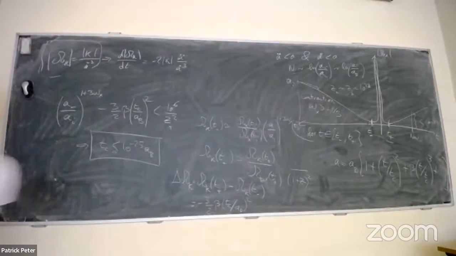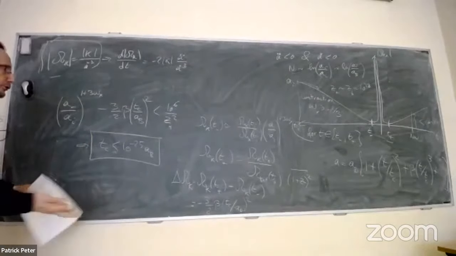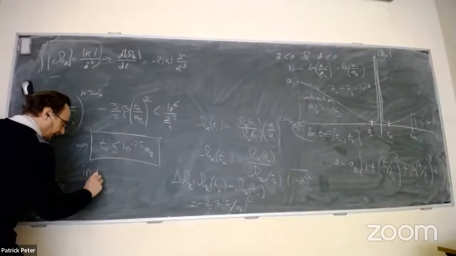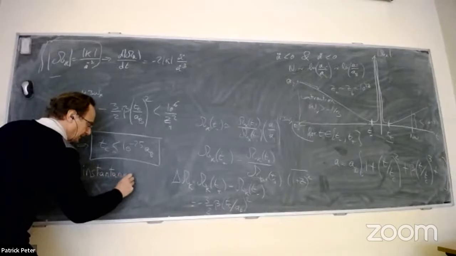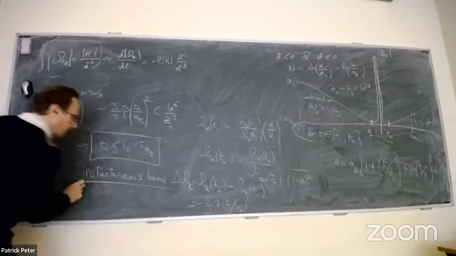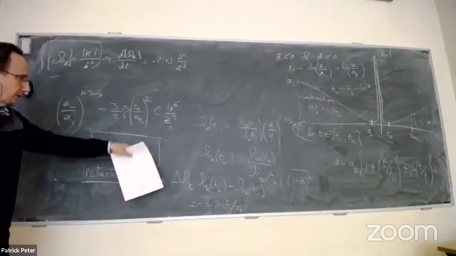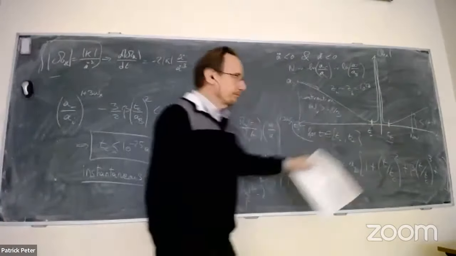So I should not actually draw something around that because it's not such a nice result, but that explains why people usually assume an instantaneous bounce. Its duration is actually much, much smaller than the minimum size of the universe.